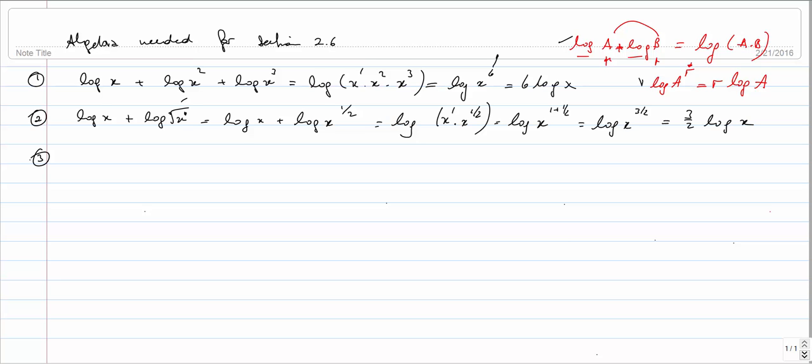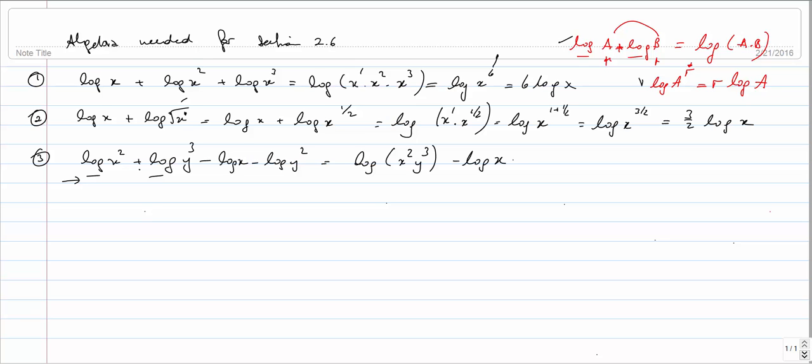Problem 3: log x squared plus log y cubed minus log x minus log y squared. I would go from left to right. Now, when it is an addition, to write separate log terms as a single log, I multiply x squared times y cubed. I can combine it more.